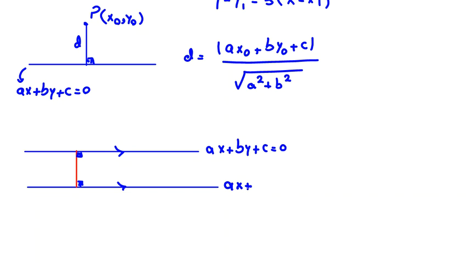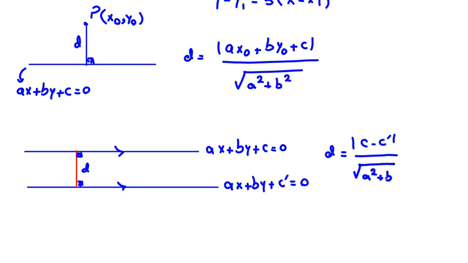Next one is ax plus by plus c prime equal to 0. When the two lines are parallel, you can divide to reach the same a and b. For this, only c and c prime change. So the distance, suppose here the distance again is d, is the absolute value of c minus c prime over the square root of a squared plus b squared.